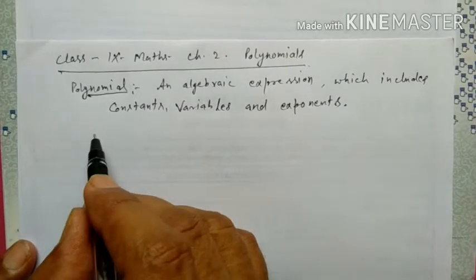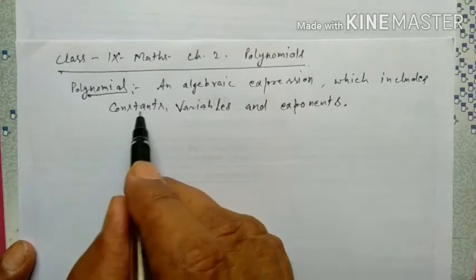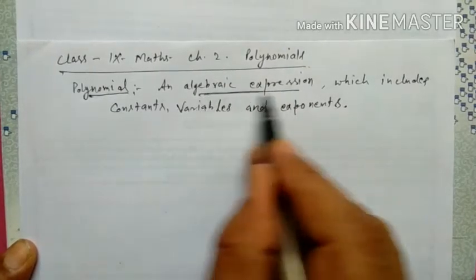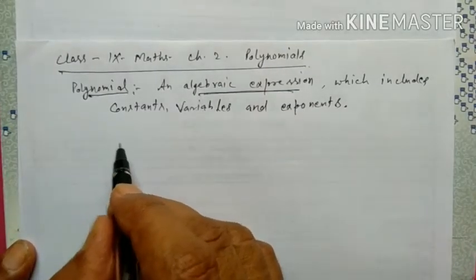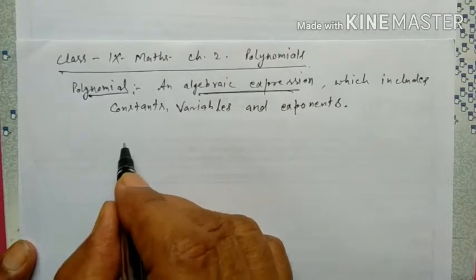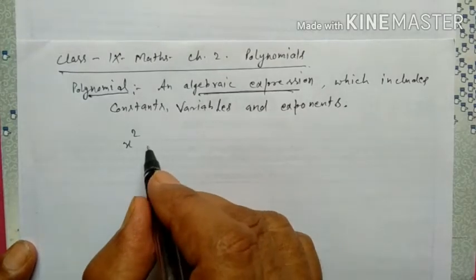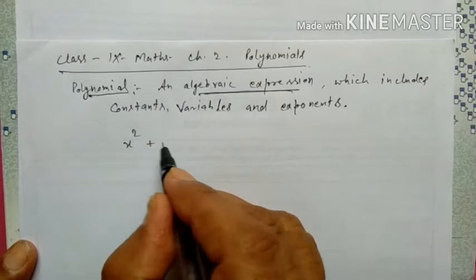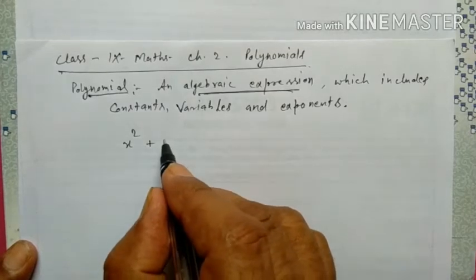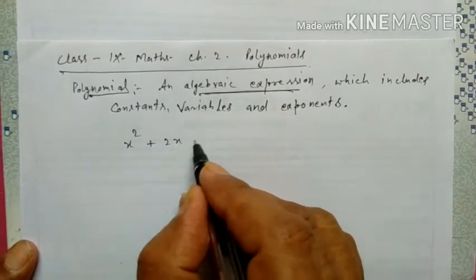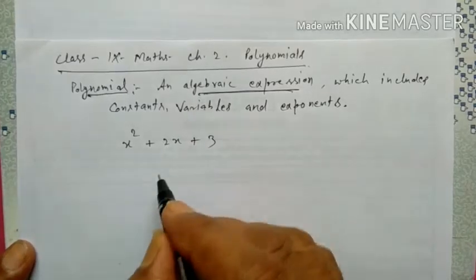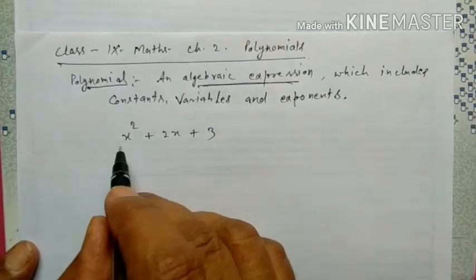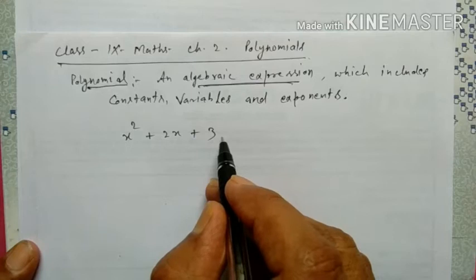Suppose polynomial is an algebraic expression like this: x square plus 2x plus 3. This is an algebraic expression.